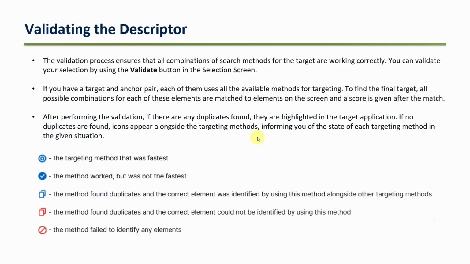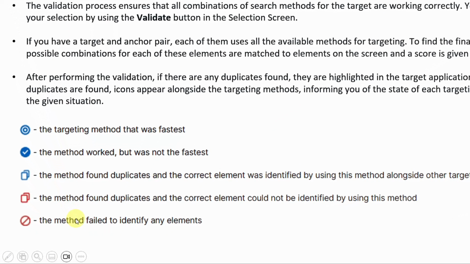You can validate your selection by just using the validate button. Once you validate, if all the target and anchor pairs are identified correctly, the final anchor would be highlighted. You will also see which method was able to find the element, whether it was image or the other ones. These are the symbols which you are going to see.